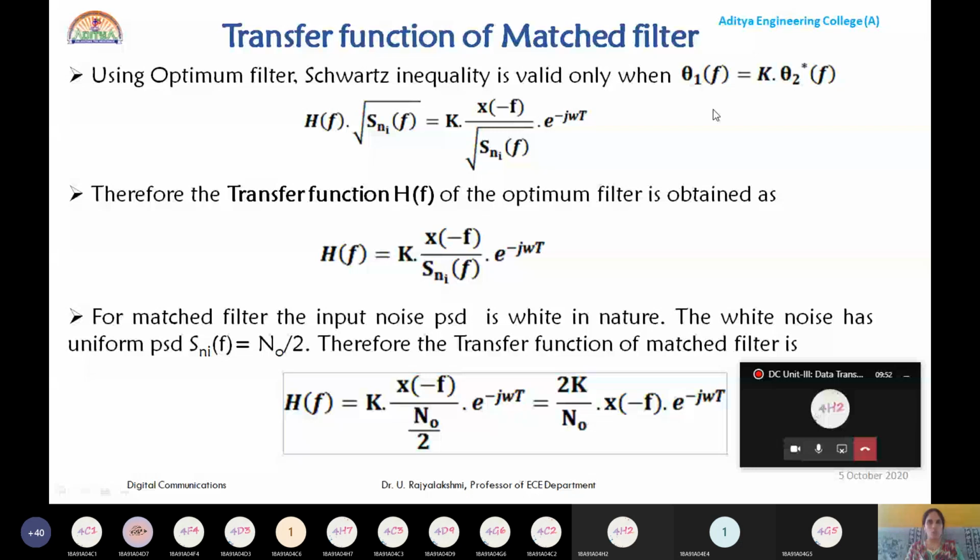Integration of h of f into e power j 2 pi f t df, substituting h of f as the same expression, becomes the integral from minus infinity to plus infinity of x of minus f into e power j 2 pi f into capital T minus t. Capital T is the bit duration.